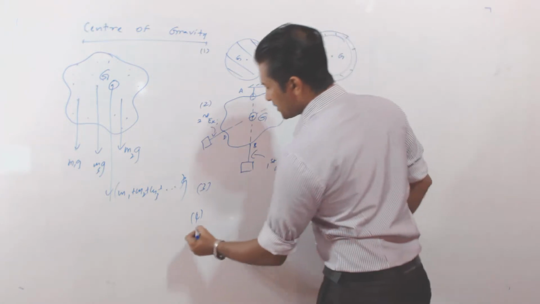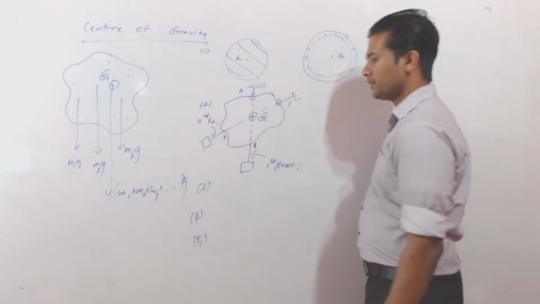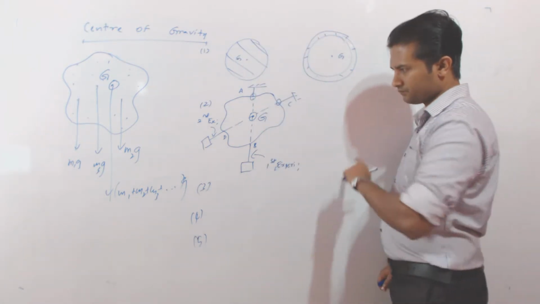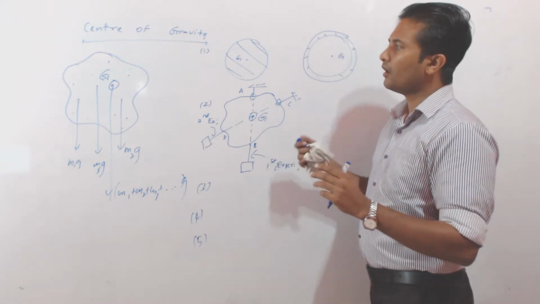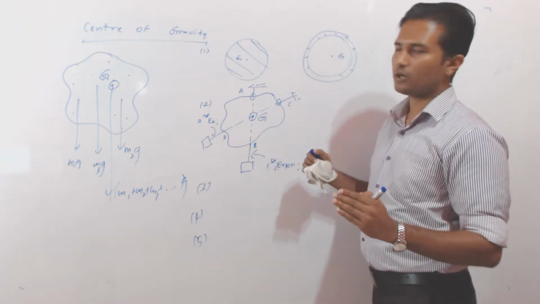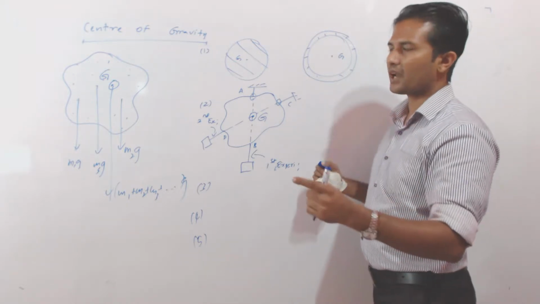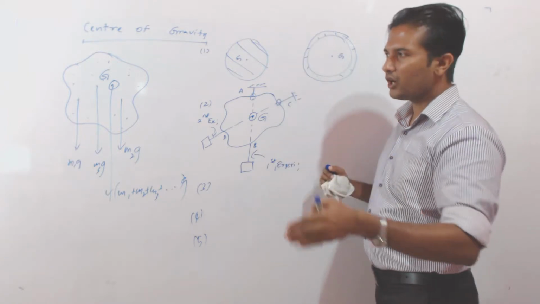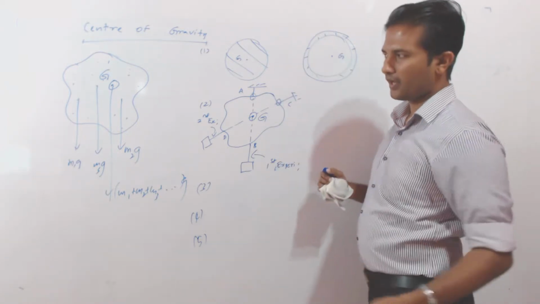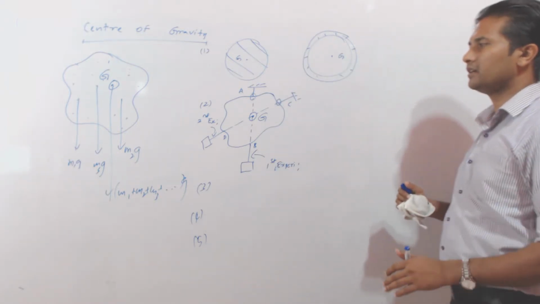In addition to that, we can consider a symmetric object. The center of gravity of a symmetric object should be on the axis of symmetry.